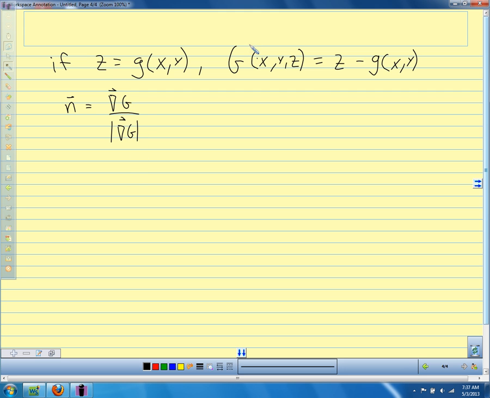And dS on this surface is the square root of g sub x squared plus g sub y squared plus 1 dA. So if we have our surface given by this, then this is our little increment of area on the surface. Well, what is this quantity, the square root of g sub x squared plus g sub y squared plus 1?